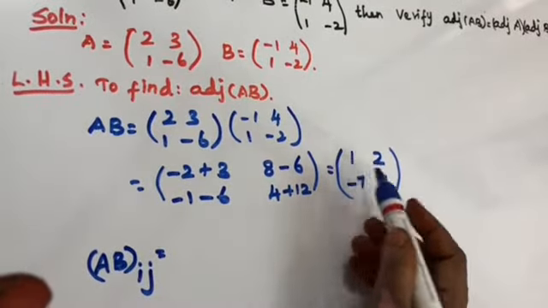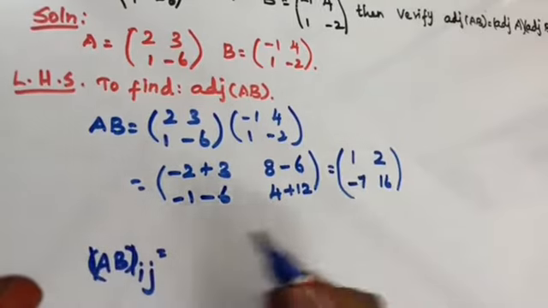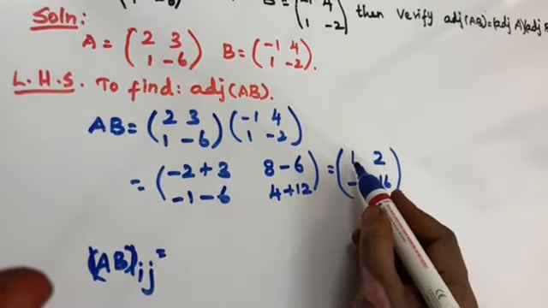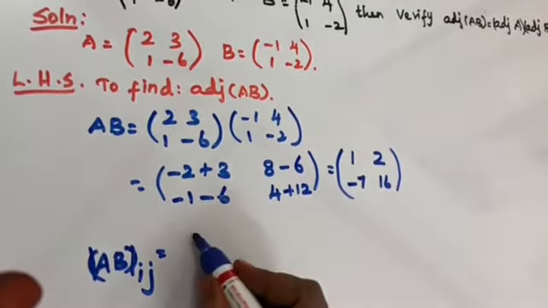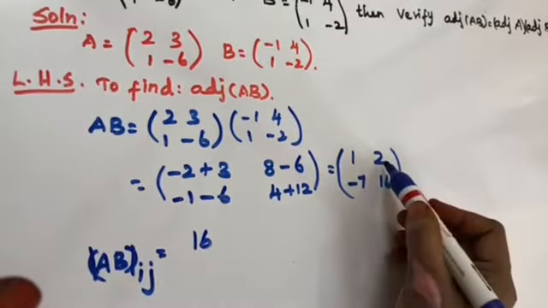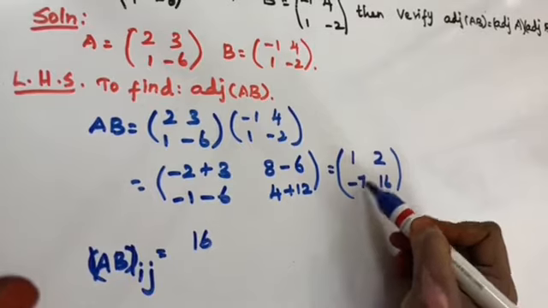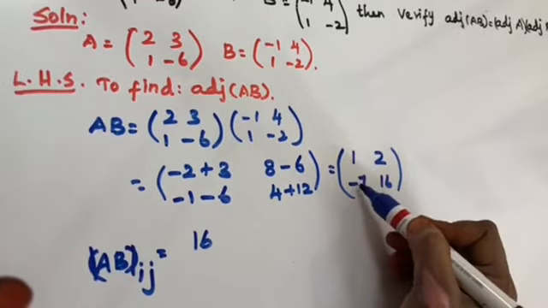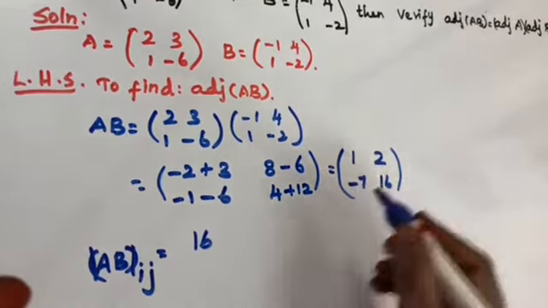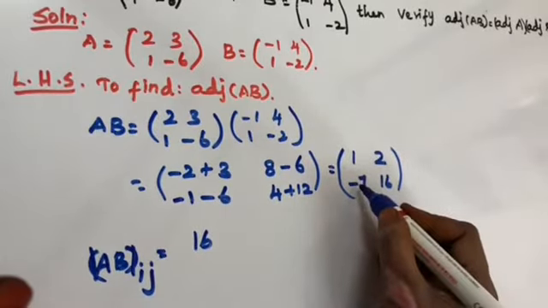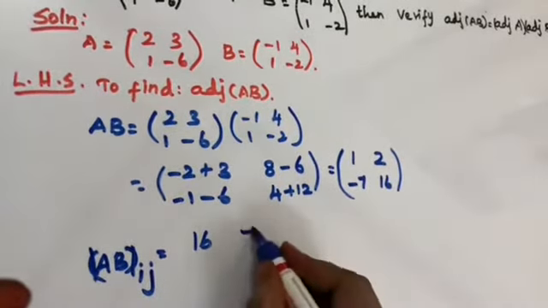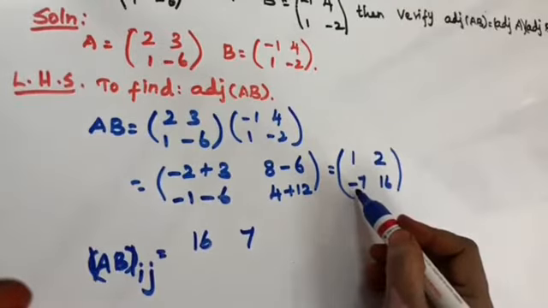What is the cofactor? It is a determinant. What is the cofactor of 1? Cofactor of 1 is 16. What is the cofactor of 2? Cofactor of 2 is here, minus 7, and you should change its sign. You should multiply the number with minus. So it is 7. What is the cofactor of minus 7?